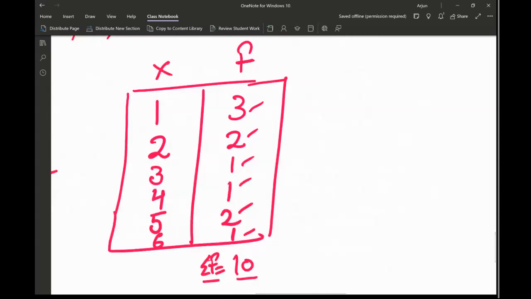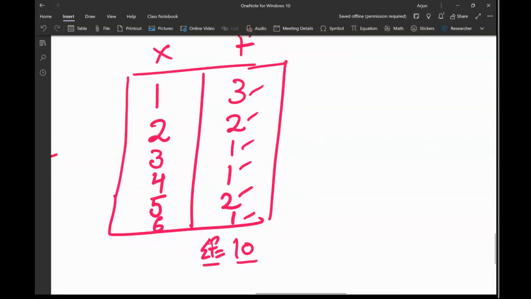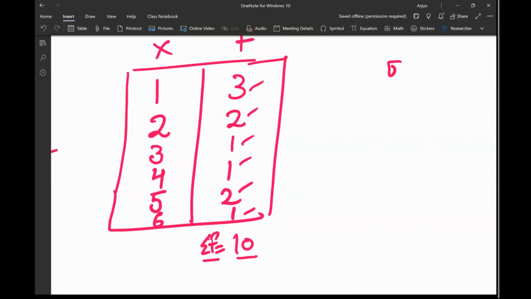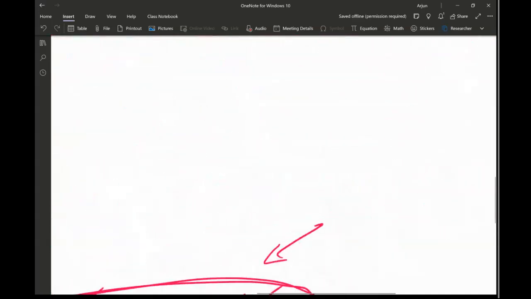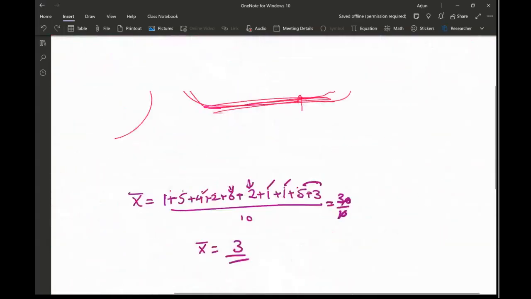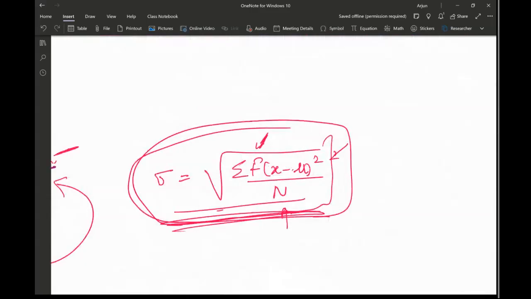Now I'm going to try and calculate the standard deviation from here. To calculate the standard deviation, first of all, I will look at the formula. The formula is sigma, or s, which I'm using. If I end up using sigma, let me quickly go back and check. Yes, this is for population.